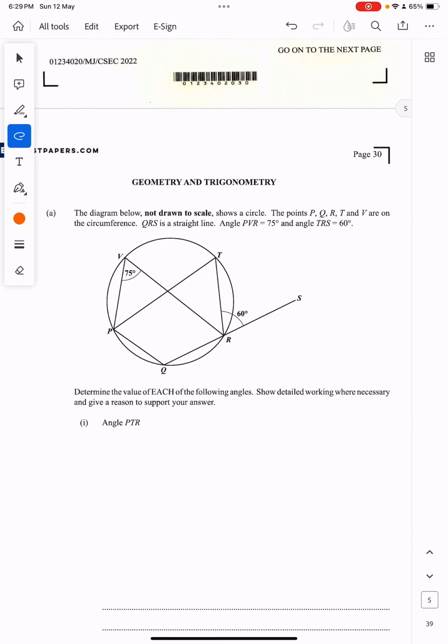We've got the diagram now drawn to scale, shows a circle. The points P, Q, R, T, and V are on the circumference. QRS is a straight line. Angle PVR is 75 and angle TRS is 60.